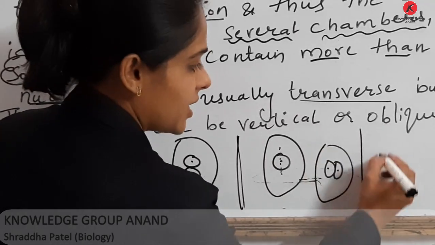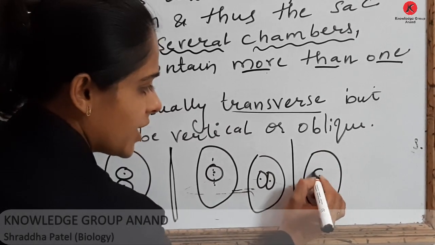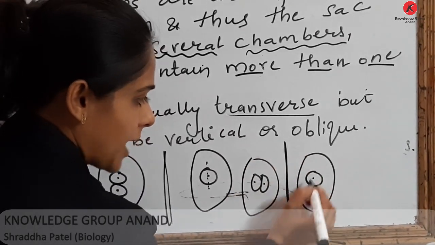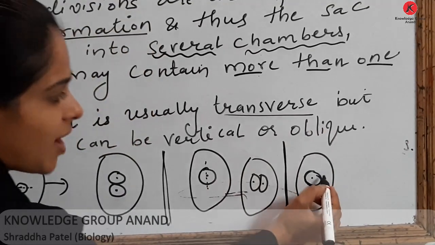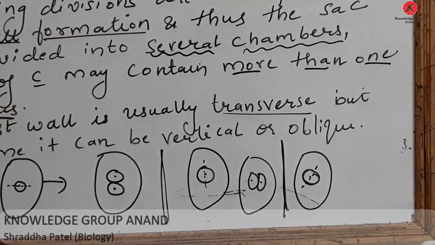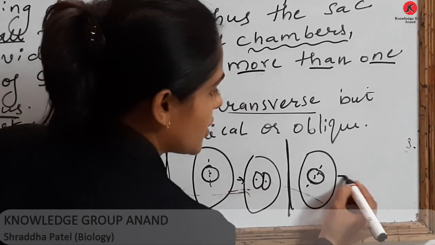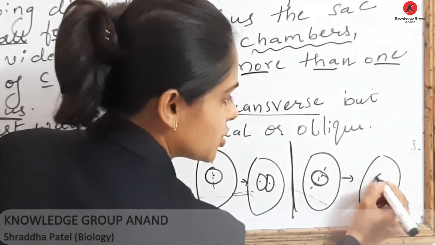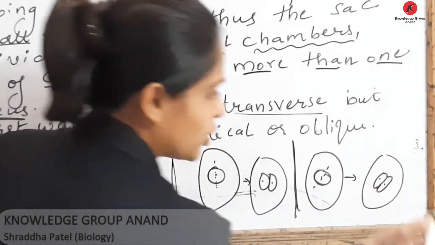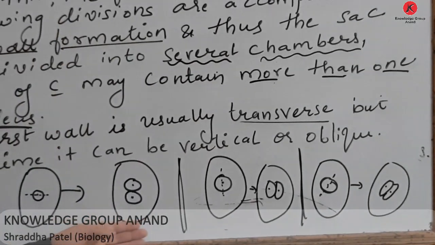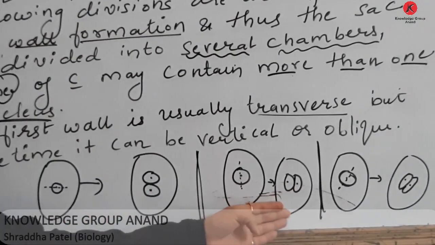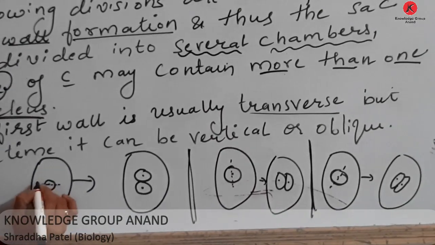Whereas in certain cases, वापस से यहाँ पे आ जाओ, ये क्या ड्रॉ करा मैंने आपका primary endosperm nucleus, it divides obliquely, मतलब like this, which results in formation of your first cell to look like this. तो ये transverse, ये vertical and ये oblique.